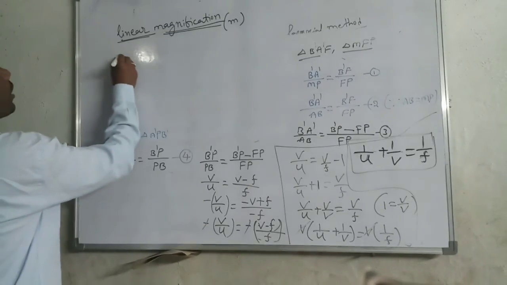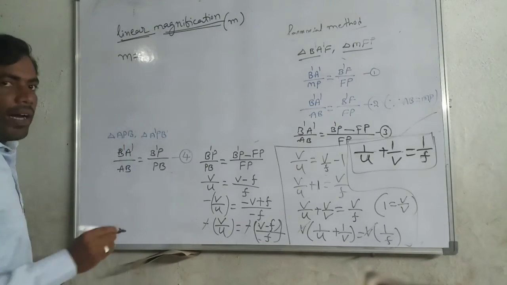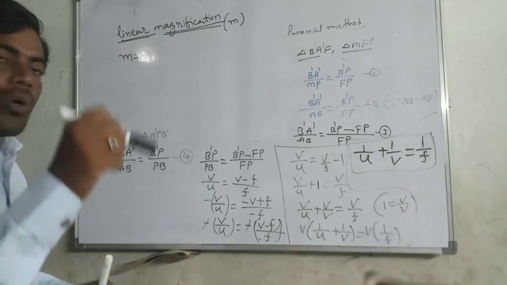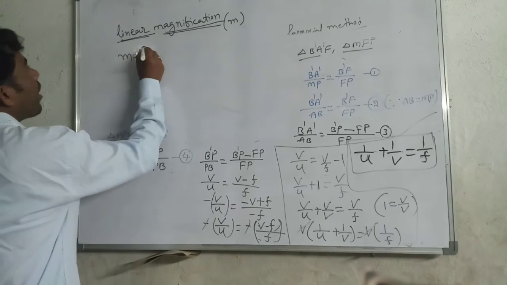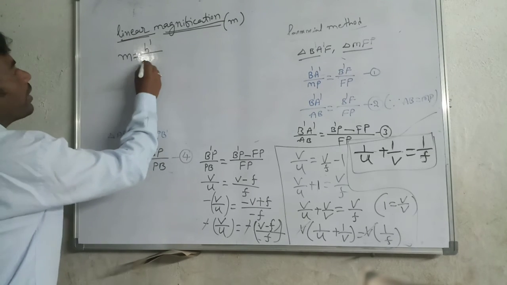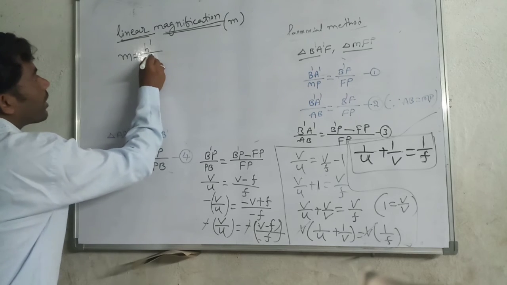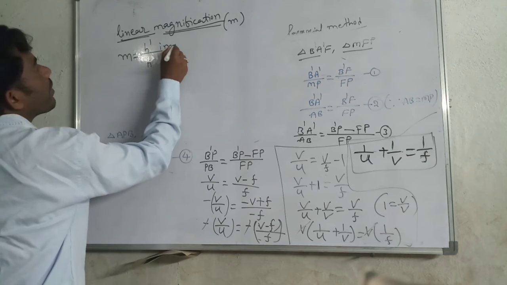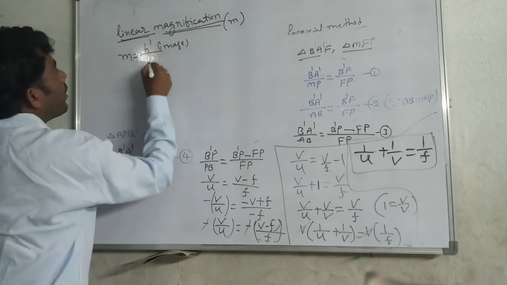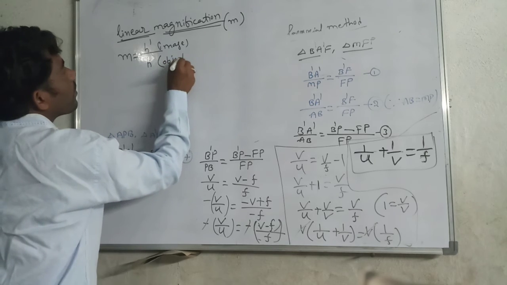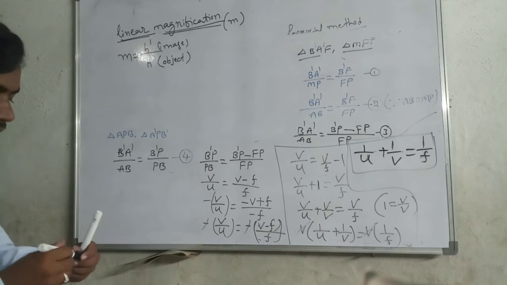This small m we define as the ratio of the height of the image to the height of the object.